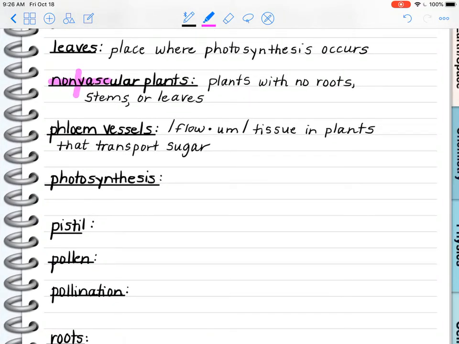Okay, photosynthesis. Photo is a morpheme. Synth is a morpheme. Photo means light, and synth means to make. And we will add these to our list in just a second. Photosynthesis is the process in which plants use light to make food.